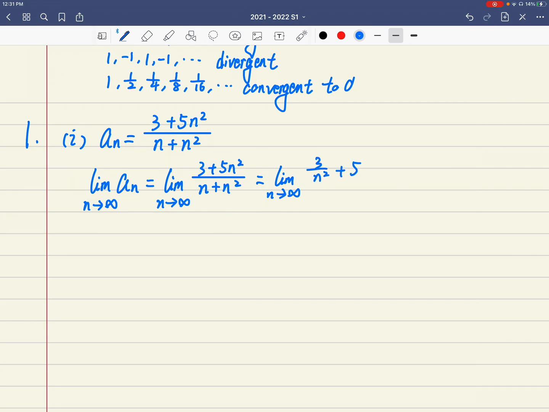Now when n is approaching infinity, this is 0, this is 0, so the result is 5. So the limit of the sequence is a number, so the sequence is convergent.